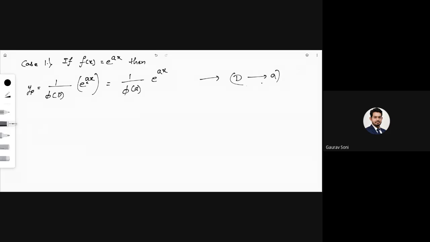But there is a problem: if phi of a turns out to be 0, then 1 upon 0 won't be defined.